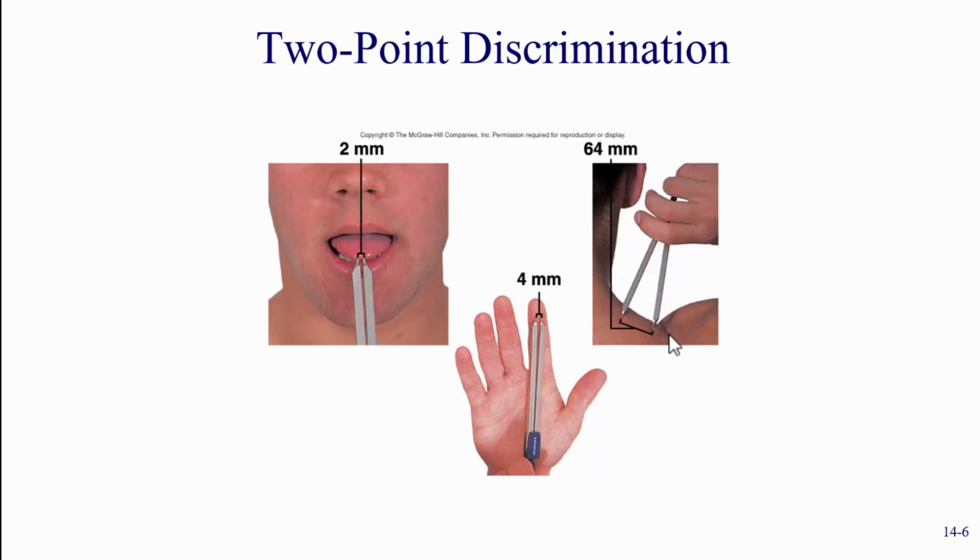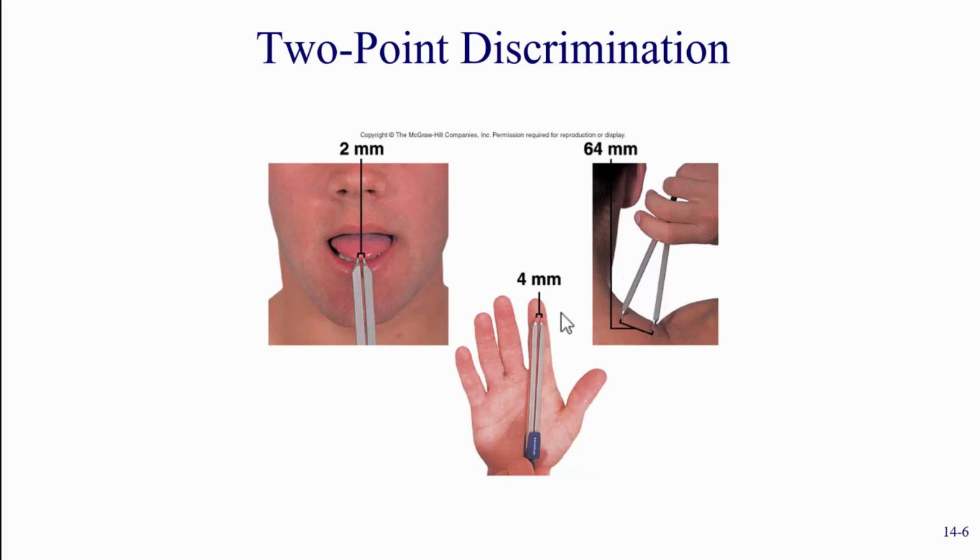In the shoulder, like I said, there's not a lot of sensation there. And so we're at about 64 millimeters before it feels like you're touching with one thing, one point. The fingertips, like I said, are very precise, and have a lot of sensory receptors.